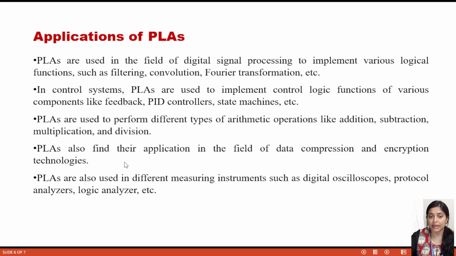PLAs also find application in data compression and encryption technology, and they are used in different measuring instruments such as digital oscilloscopes, protocol analyzers, logic analyzers, etc.